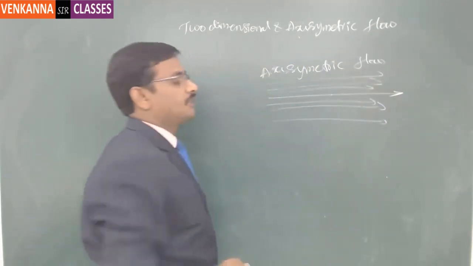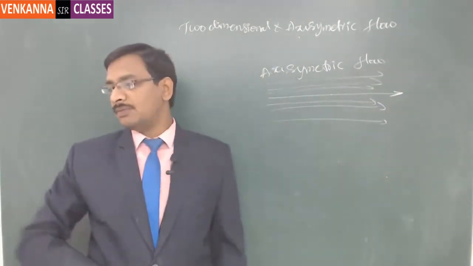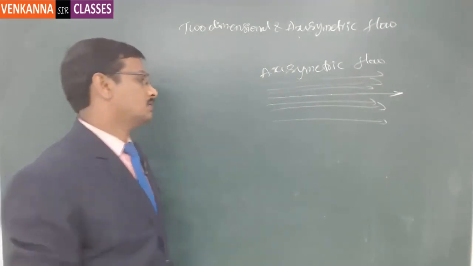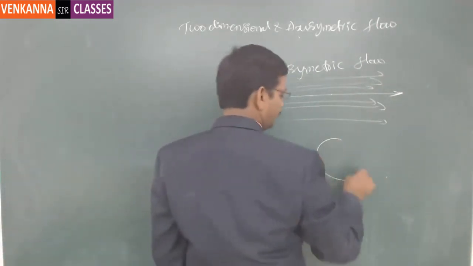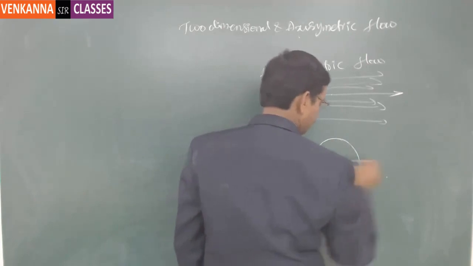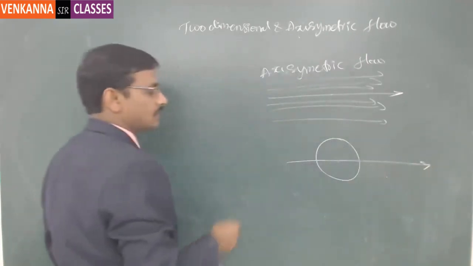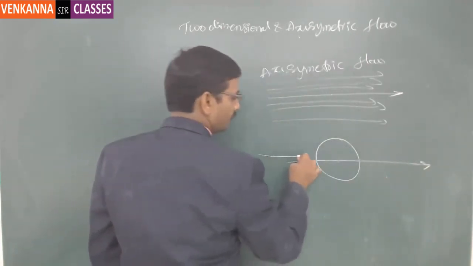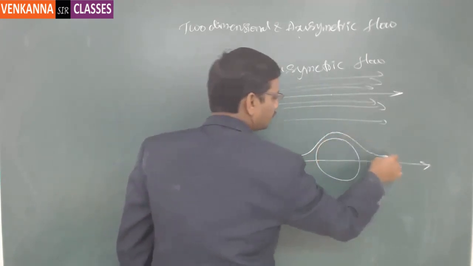If it is a straightforward flow, you may not find much difference. But suppose there is a cylinder present like this, and this is the axis, the streamlines will come like this and go this way and this way.